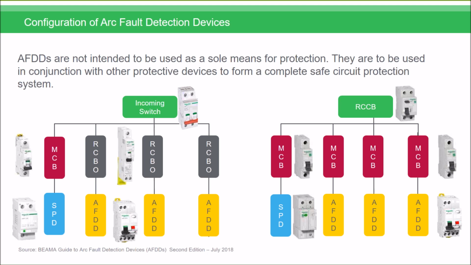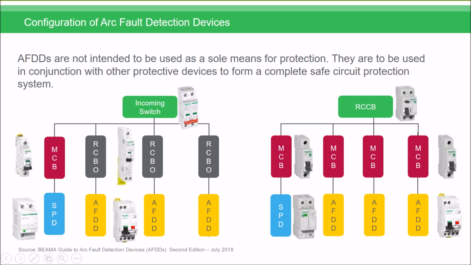So to have a look at some of the configurations of arc fault detection devices, a point I touched upon earlier was that they're not intended to be used as a sole means of protection. They must be used in conjunction with other protective devices, and that then gives you a complete safe circuit protection system. So a typical scenario here we have on the left-hand side, whereby you may have a distribution board or a consumer unit where you've got an incoming switch. Then you've got RCBO devices protecting final circuits.